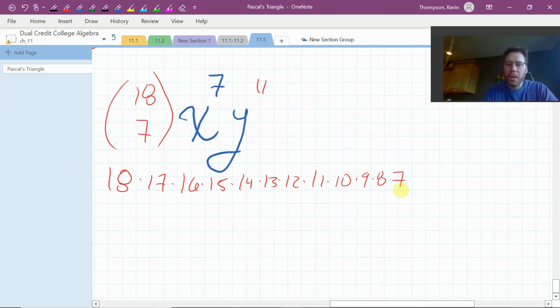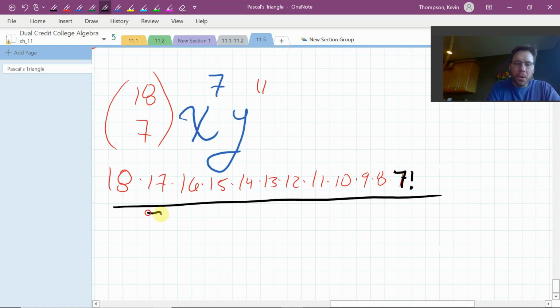Instead of writing 7 times 6 times 5 times 4 times 3 times 2, etc., I just have 18 times 17, 16, 15, 14, and so on. And I'm just going to say the last one here is over 7 factorial. And that's also, I need an 11 factorial.